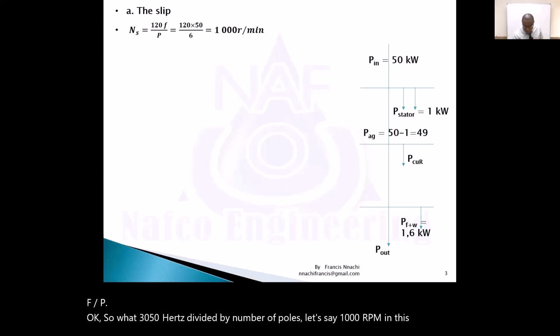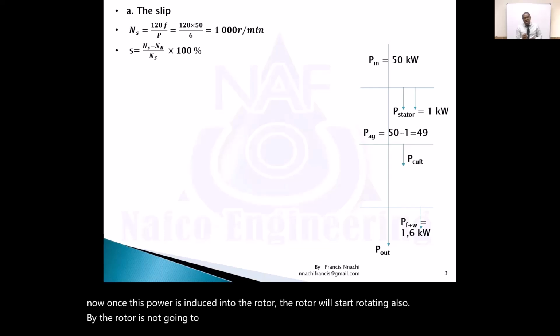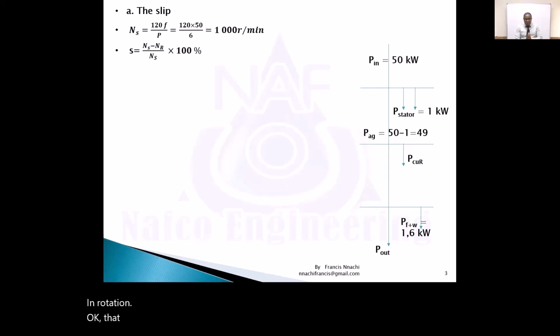Once power is induced into the rotor, it will start rotating also. But the rotor is not going to rotate at the same speed as the rotating magnetic field in the stator. There will be a difference in rotation, and that difference is what we call slip.